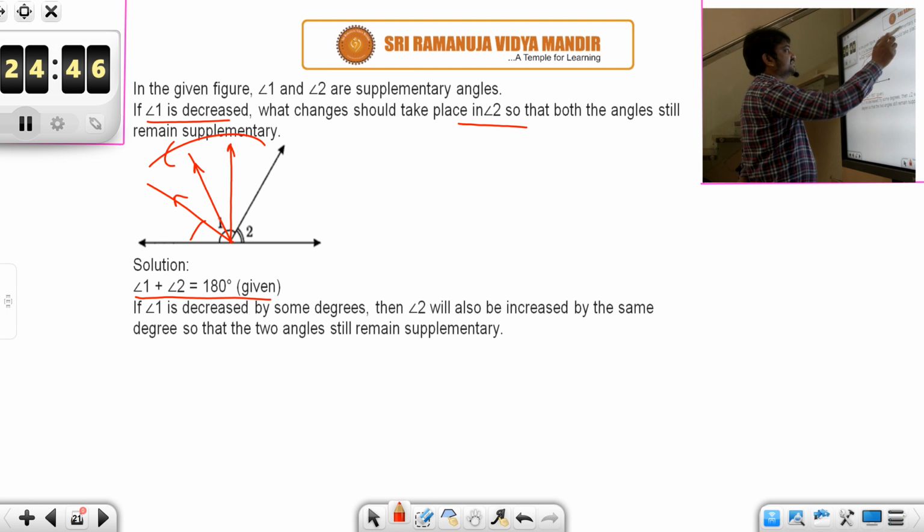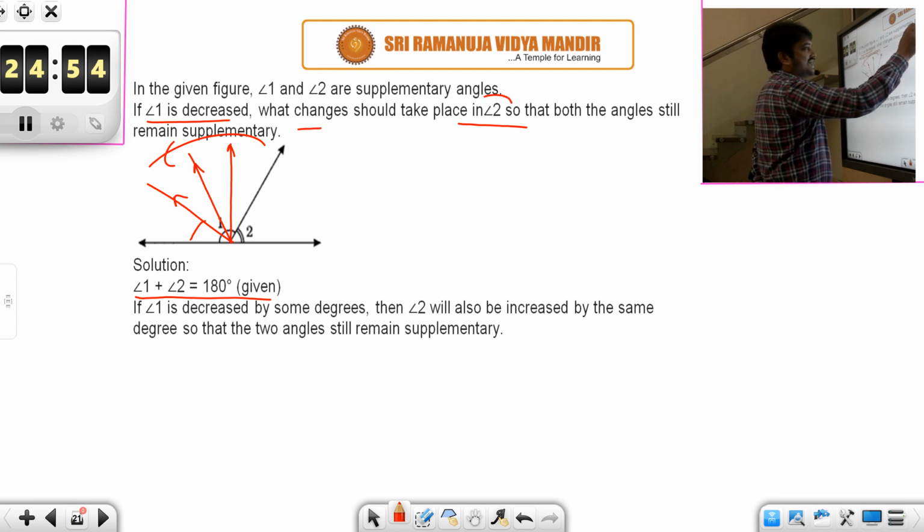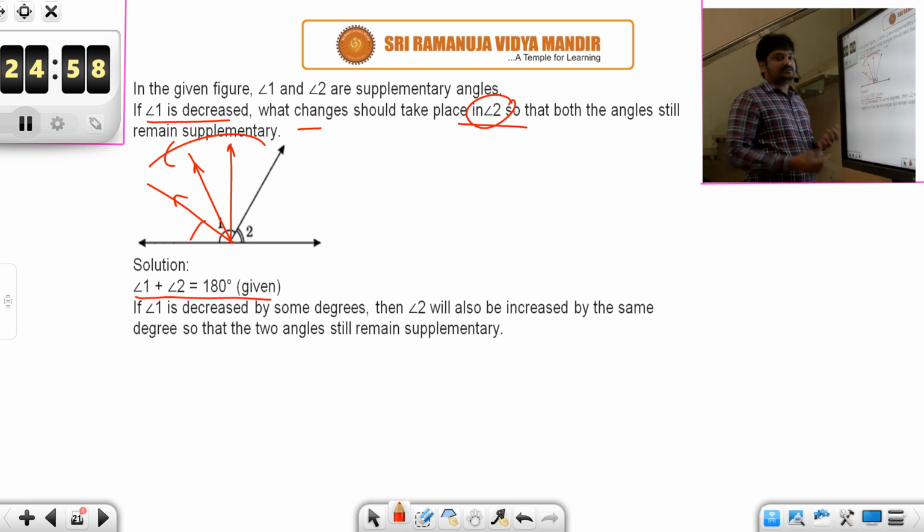Now in the question, if 1 and 2 are supplementary angles, and if angle 1 is decreased, what changes should take place in angle 2 so that both the angles still remain supplementary?